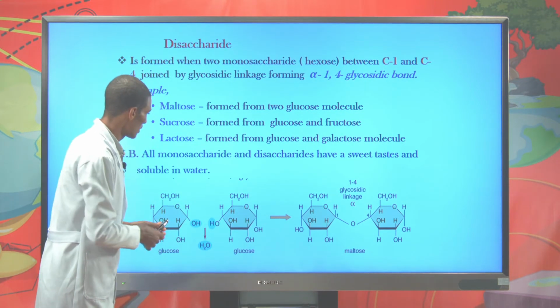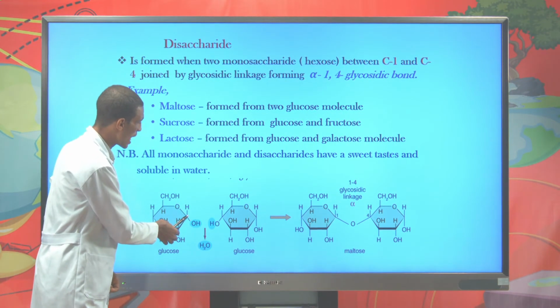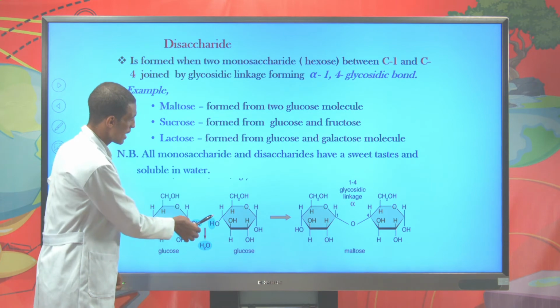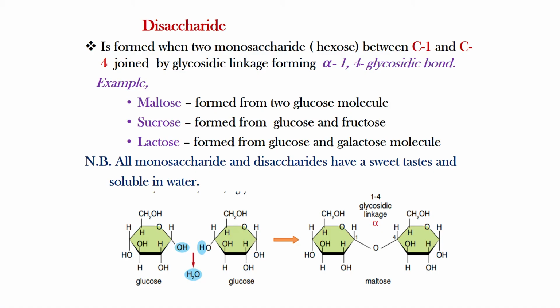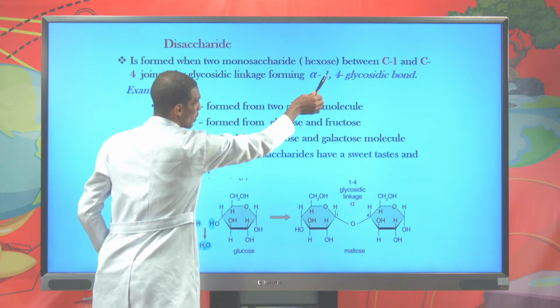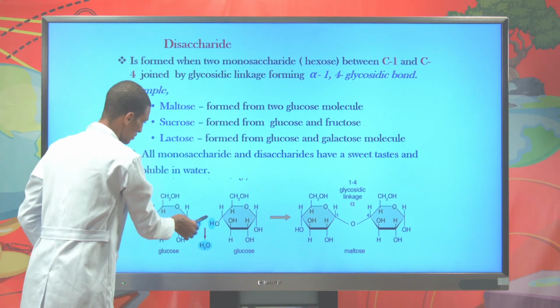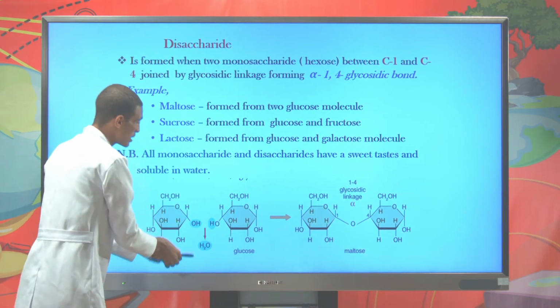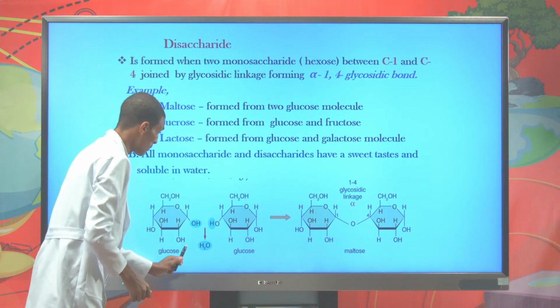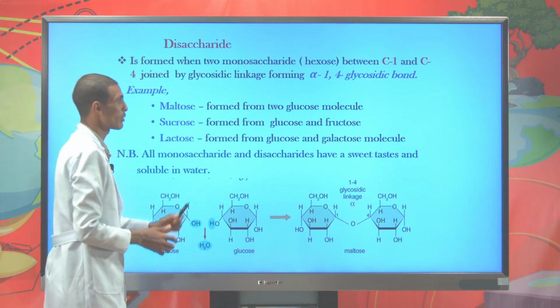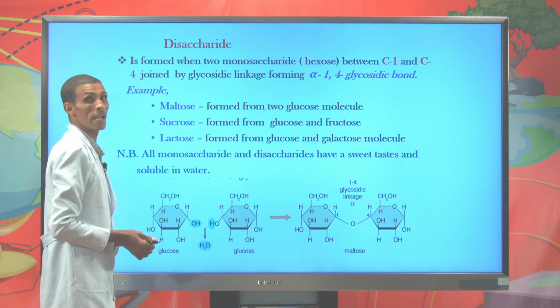This means there is a linkage between carbon number 1 here and carbon number 4. The bond formed between 2 monosaccharides at carbon number 1 and carbon number 4, releasing a water molecule, is said to be a glycosidic linkage.